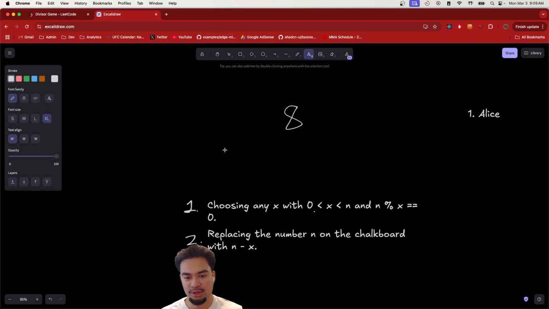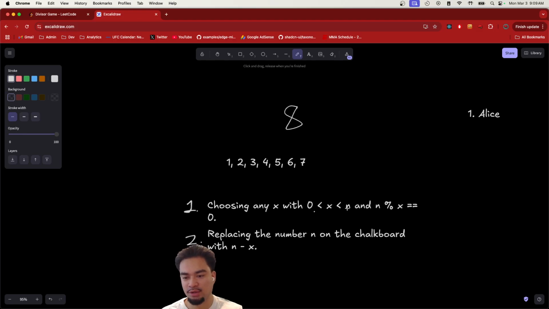So let's quickly think about this. What are the different options that they can choose? They can't choose 0 because the range is not inclusive, but maybe they could choose 1, 2, 3, 4, 5, 6, 7. They can't choose 8 because it's also not inclusive of the right bound. Now we also have to meet the condition that the number they choose needs to divide 8 evenly. 8 divided by 1 works because that divides evenly. 2 works. 3 doesn't work. 4 works. 5, 6 don't.